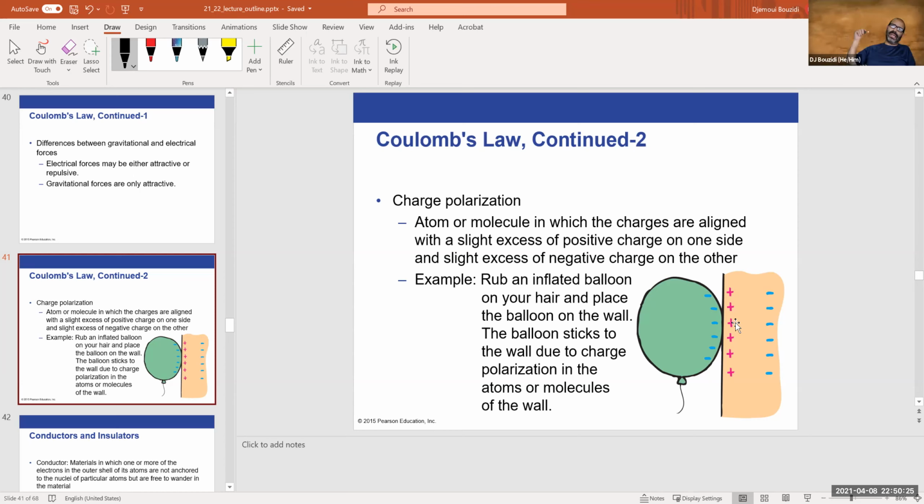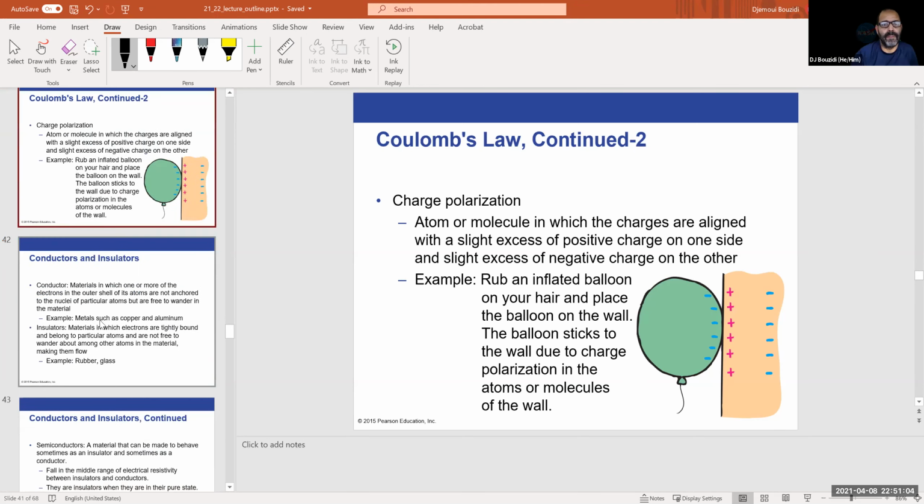So what happened in this case is that the wall is neutral, but the sides of its molecules move around in such a way that they give the positive charge facing the balloon. These are the ones that are attracting. So they flip the different molecules inside the paint and make them turn around, and there is an attraction, and the balloon will stay there for a long, long time. Usually you have to be careful with the moisture though, because it plays a role. It's going to mess up your experiment. But on a dry day, it's going to work beautifully.